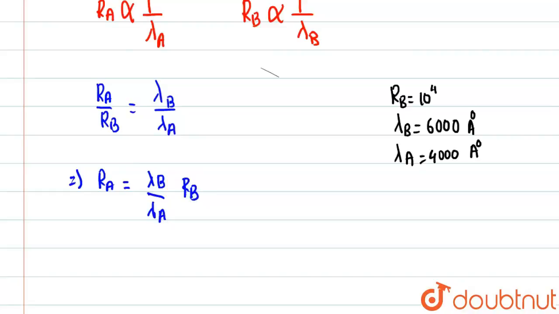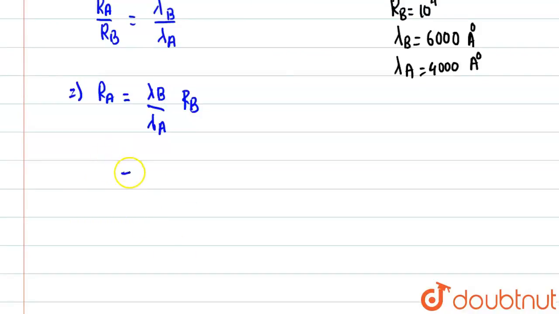We put in all the values: lambda b is 6000, lambda a is 4000, and R b is 10 to the power 4.